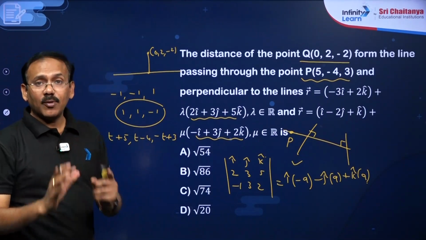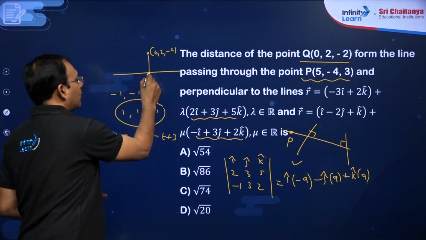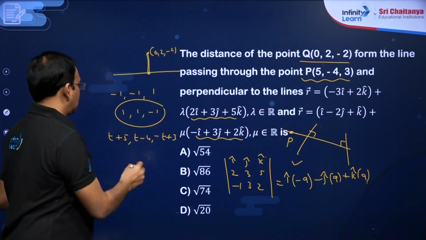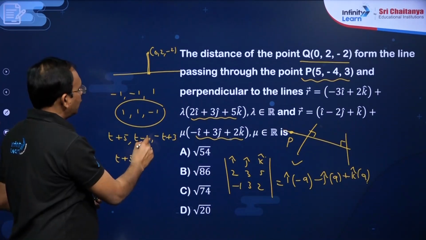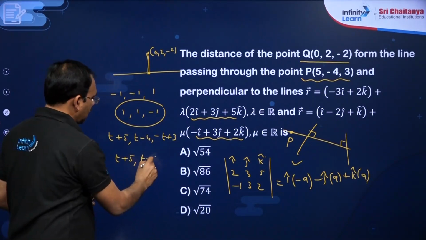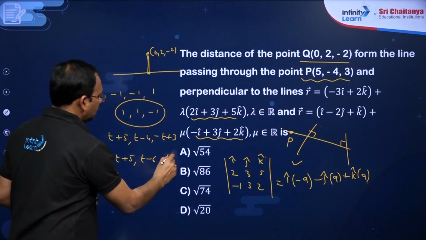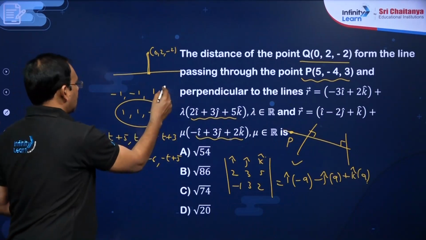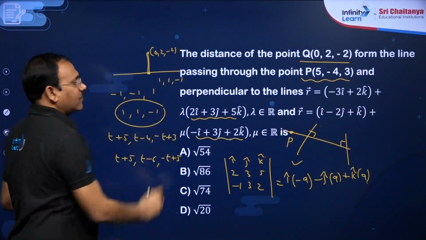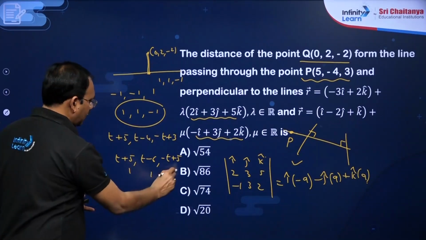Do remember, this is an important concept. Perpendicular distance from a point to a line means take the general point and find these DRs. So t plus 5, t minus 4 minus 2 which is t minus 6, minus t plus 3 plus 2 that is minus t plus 5. These are the DRs. Now, the DRs of the line are already 1, 1, minus 1. They are perpendicular. So apply the dot product 0, with 1, 1, minus 1.